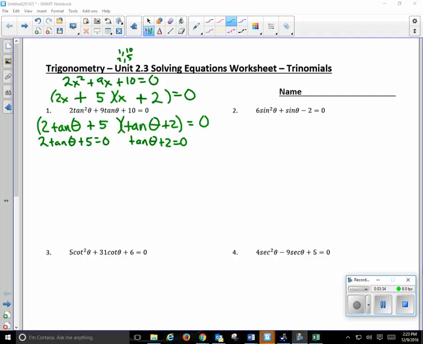I'll subtract the 5 and divide by the 2, and I get tangent of theta is equal to -5/2. I get tangent of theta is equal to -2. So what's different in this scenario is instead of solving one equation, we are solving two. So I have to set up two sets of these.